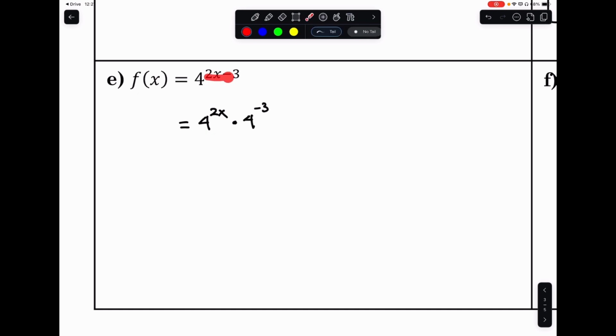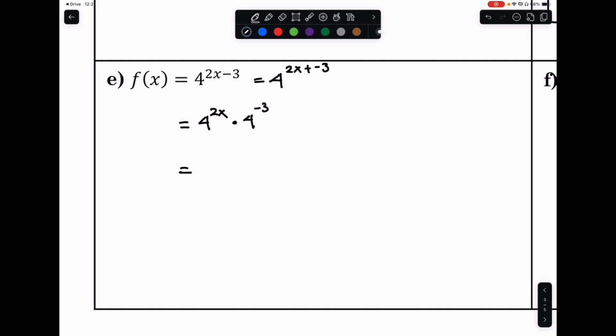Since I am subtracting these exponents, that is the same thing as adding a negative 3. So using the product property, where these exponents are added together, that means I have a power of base 4 to the 2x times a power of base 4 to the negative 3 power.